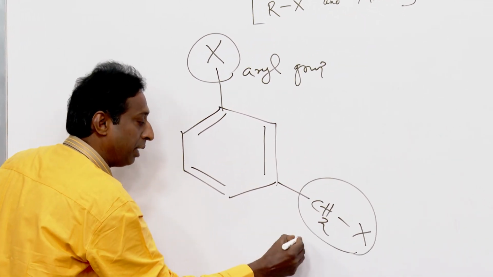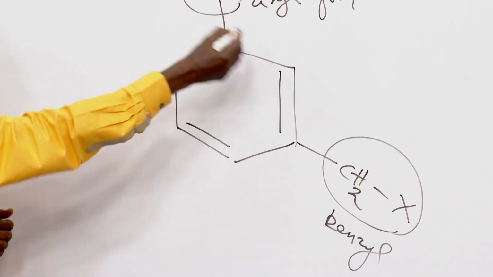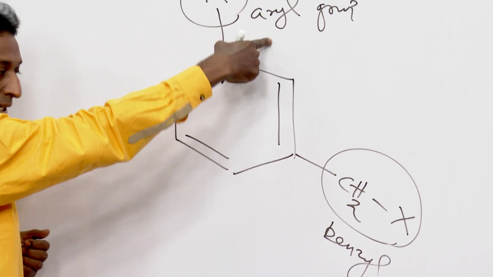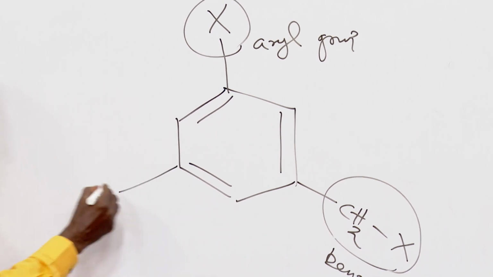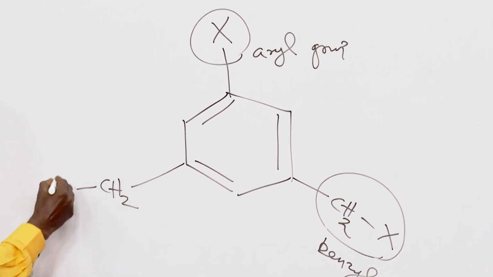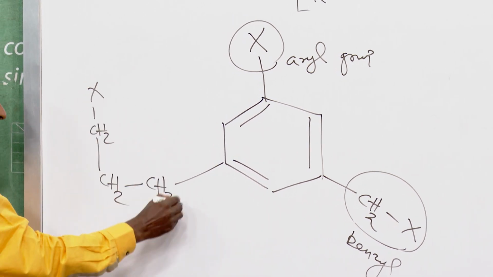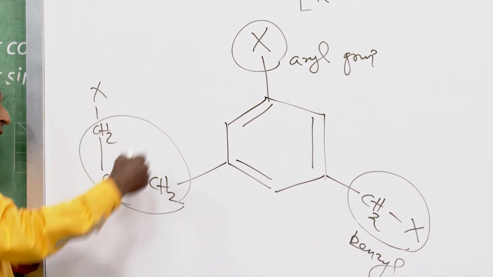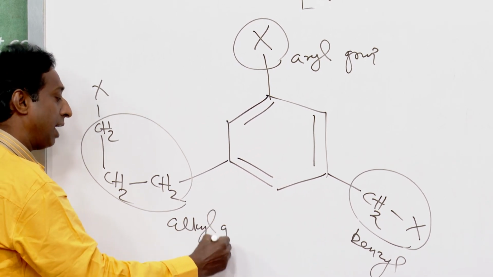is called benzyl. Along with benzene, X is aryl, along with benzene, CH2X is benzyl, and if a group like CH2, then CH2, then CH2, then X, a long carbon chain, this part is the alkyl group.